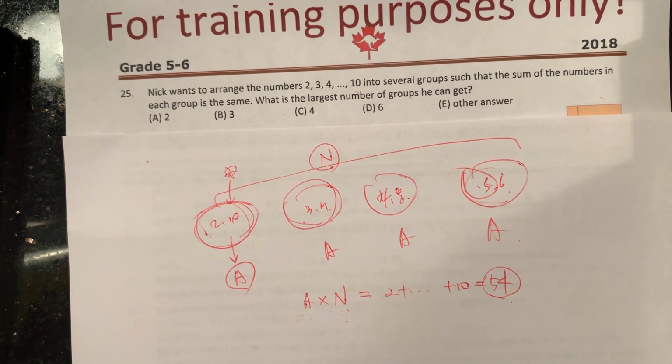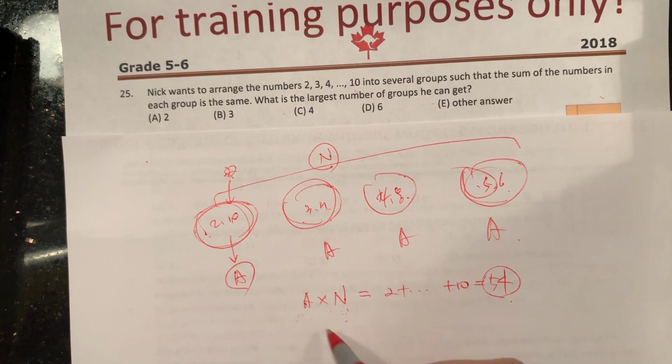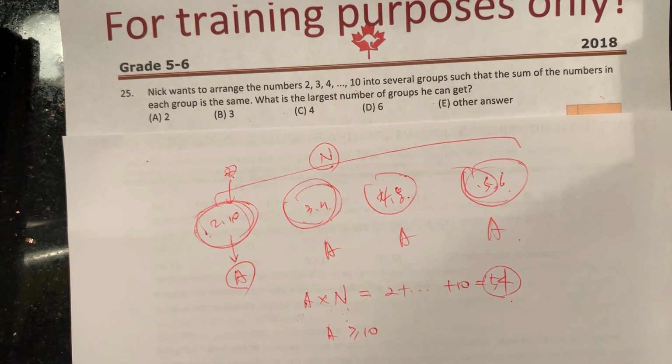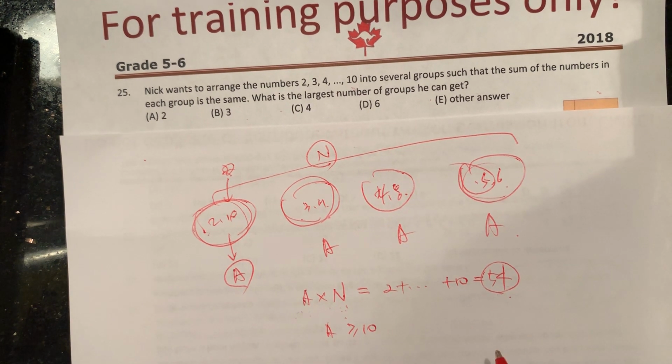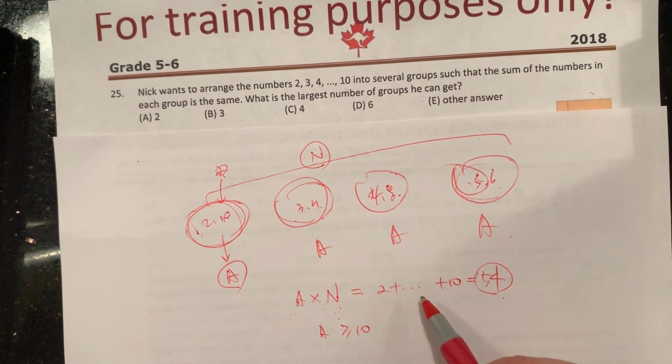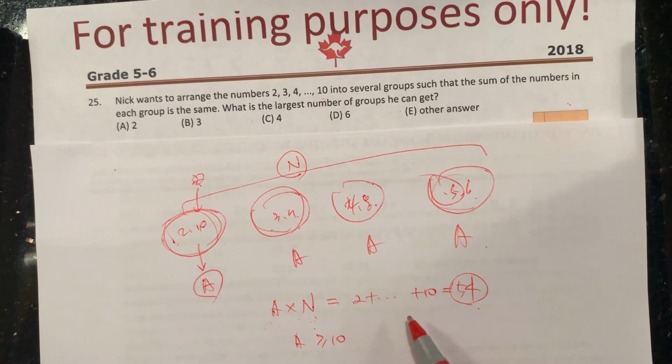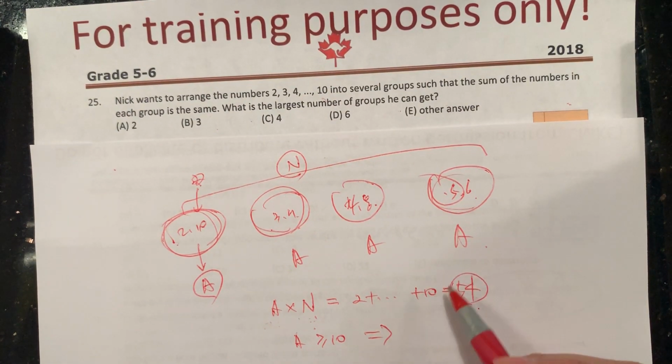Another observation we made was that a should be at least as big as 10, for the reasons I just described. If you combine this, the number of groups n is 54 divided by a.